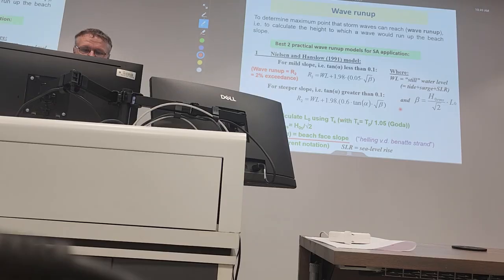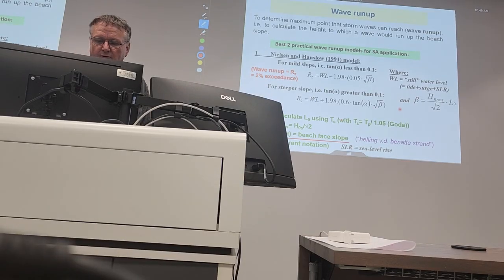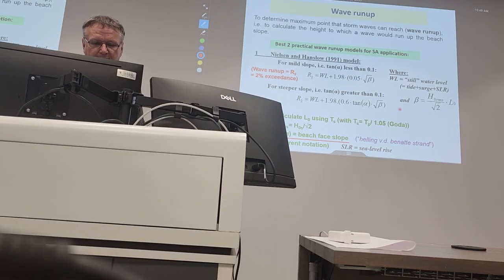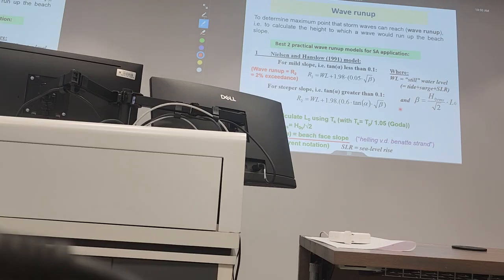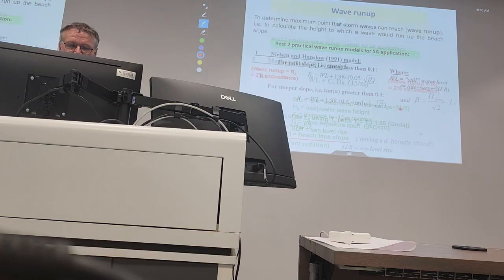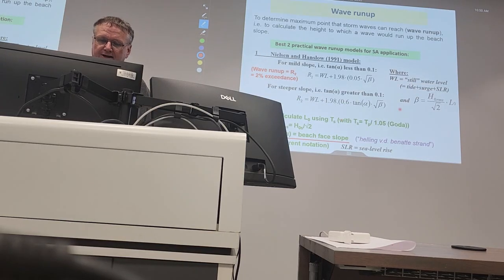And like I said, you can also calculate your L0 and Tp. There are some functions for that, and also your RMS is more or less an approximation of your H0 divided by the square root of 2. The next one is Mather's. It's almost the same, it also starts with the WL value.